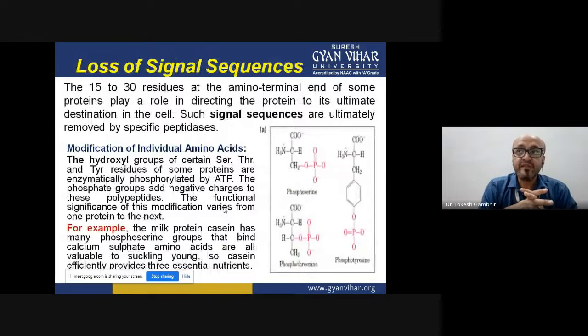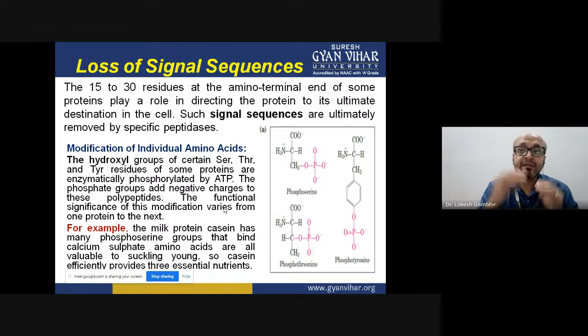Then see, every protein once formed in cytoplasm, suppose it is destined towards the endoplasmic reticulum, or it is destined to go back to the nucleus, then there is a signal sequence, a signal peptide which is present as a leader sequence.